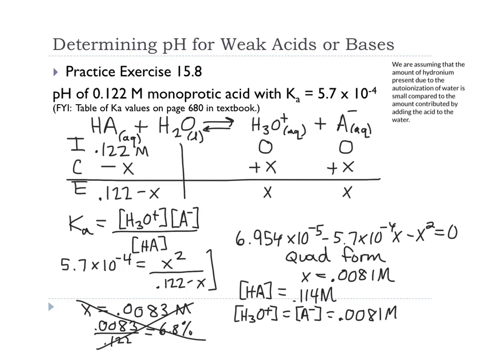I'm going to have to move to the next page, but if you think about it, you do know how. We know that Kw is always the hydronium concentration times the hydroxide concentration. So if we know Kw, which we do, and we know the hydronium concentration, you can figure out the hydroxide concentration. So I'm going to do that on the next slide.